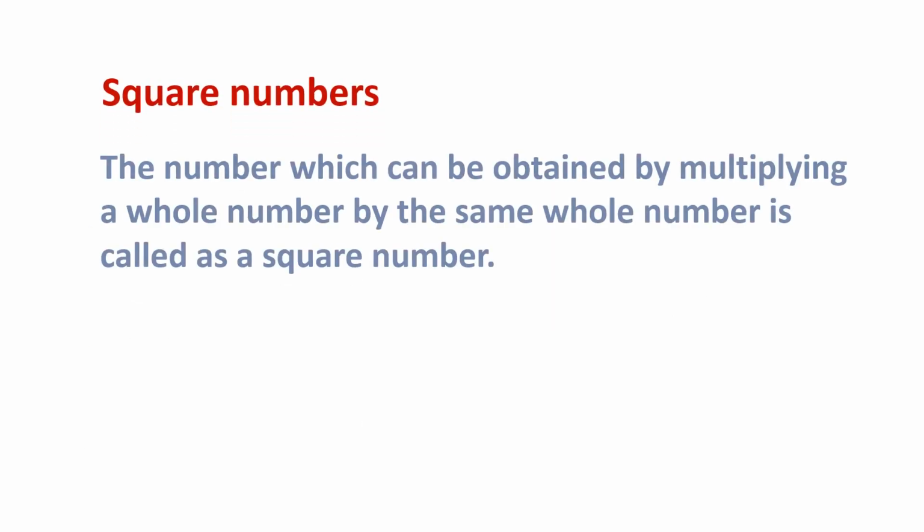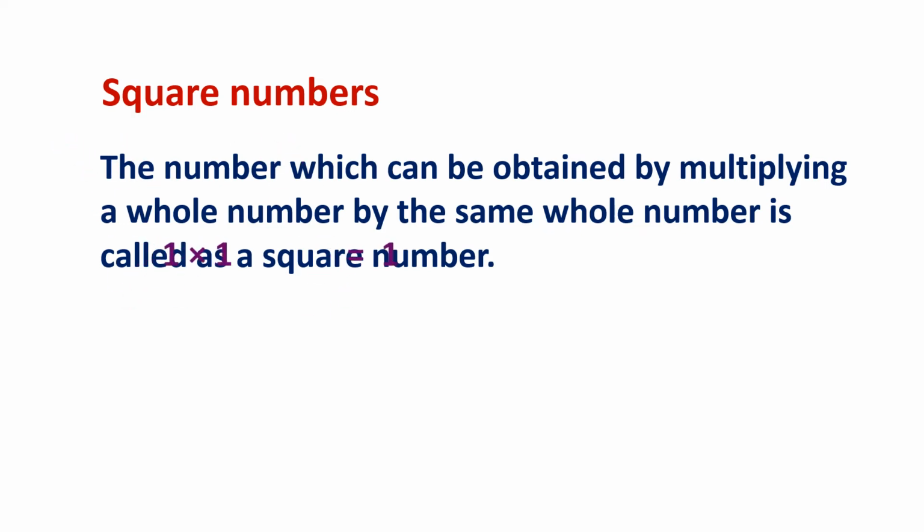So, we can define square numbers as the number which can be obtained by multiplying a whole number by the same whole number. For example, if we multiply a whole number by itself, then we can obtain a square number.